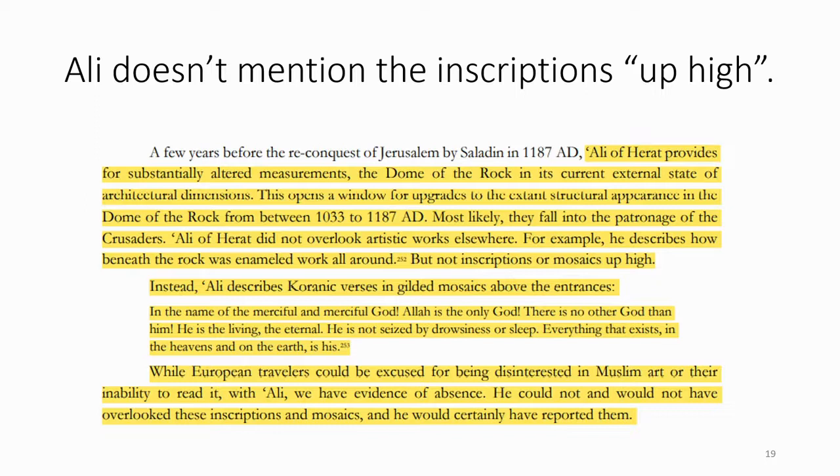Why not? While European travellers could be excused for being disinterested in Muslim art or their inability to read it, with Ali we have evidence of absence. He could not and would not have overlooked these inscriptions and mosaics, and he would certainly have reported them if they existed. I think the argument is really strong that they mustn't have existed yet.